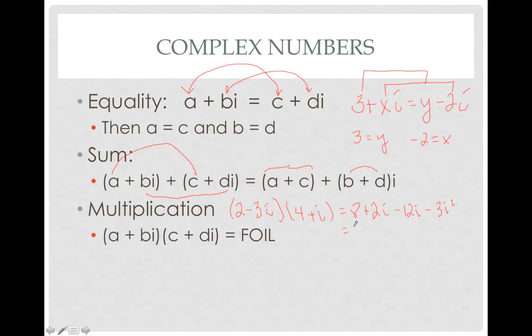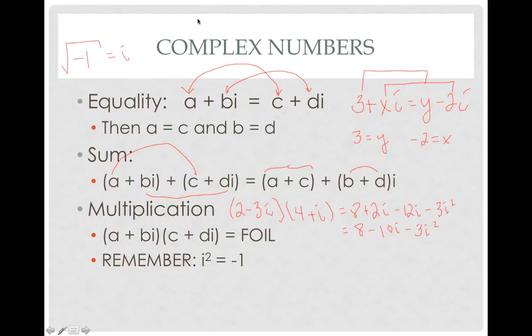So here we get, if we were to just finish like this, 8 minus 10i minus 3i squared. But here's the problem. Because the square root of negative 1 is equal to i, if we were to square both sides, i squared is equal to negative 1.